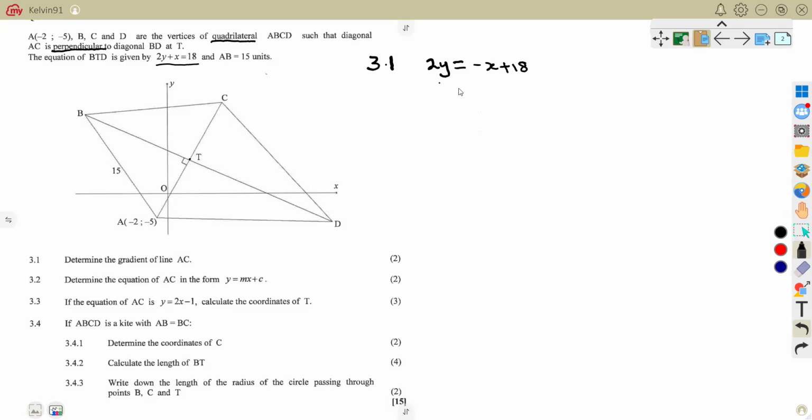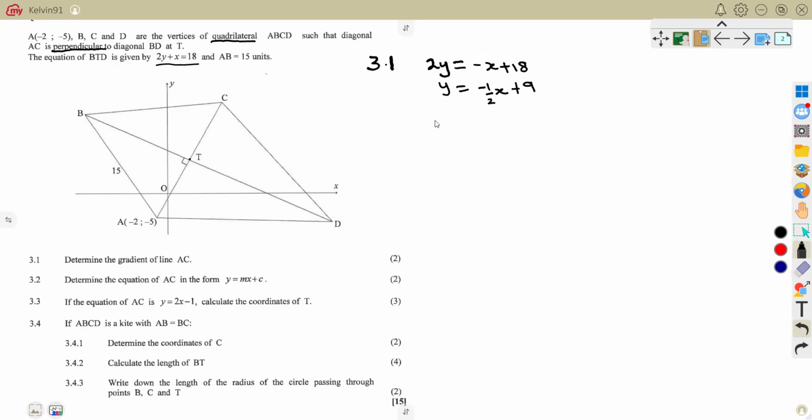So y will be equal to minus 1 over 2 x plus 18 divided by 2, which is going to give us 9. That is the equation of this line when arranged in gradient intercept form.